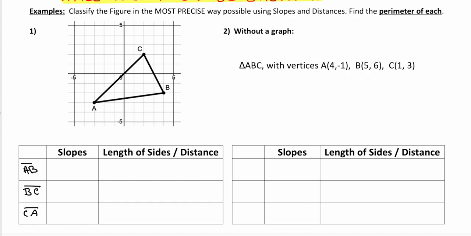So slope. Slope is our change in y divided by our change in x. So I'm going to write that in here, change in y divided by change in x, so delta y over delta x. All right, so from A to B, I can see our delta y. I'm going to go up 1, so that's a change in y of a positive 1.